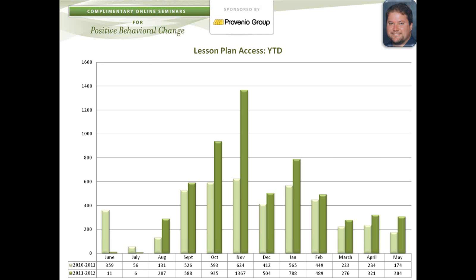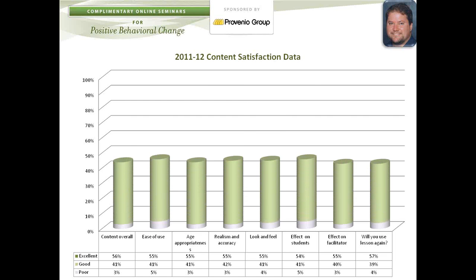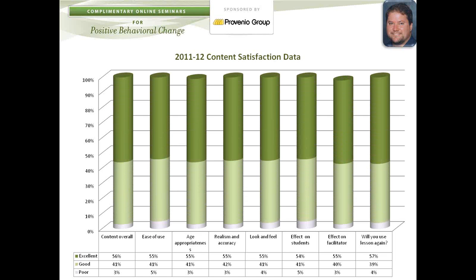But think about response to intervention. Everything is always put on the kids. But if your teachers don't buy into it from a fidelity standpoint, you're not going to have the results you want. So what you measure is, are your teachers satisfied with the actual content of programming? Once again in this district, we looked at whether the teachers are satisfied with content overall, ease of use, age appropriateness, realism, and accuracy.